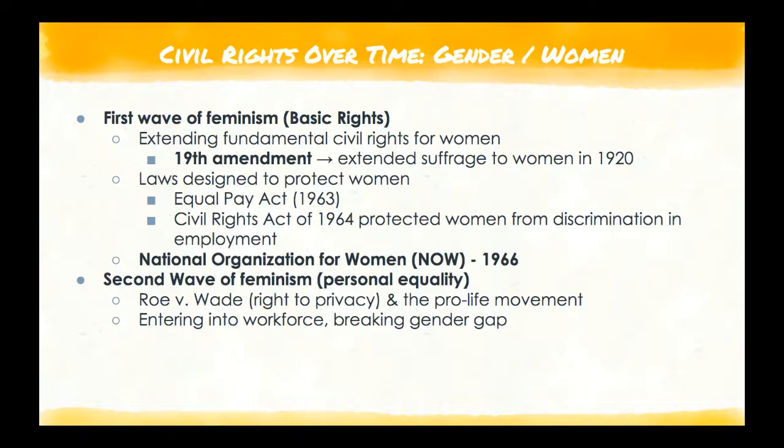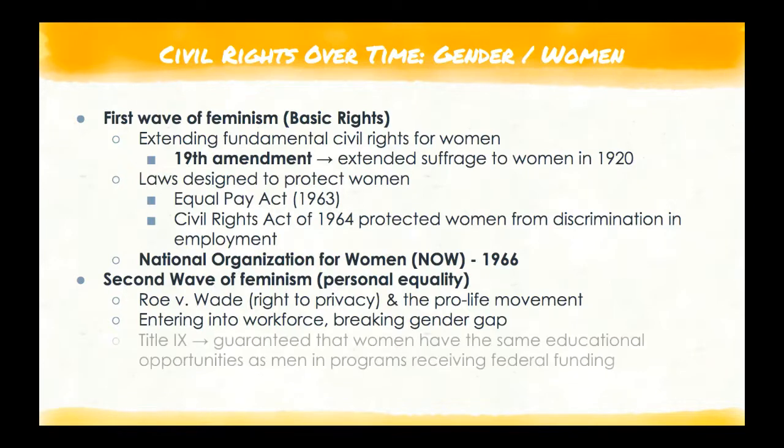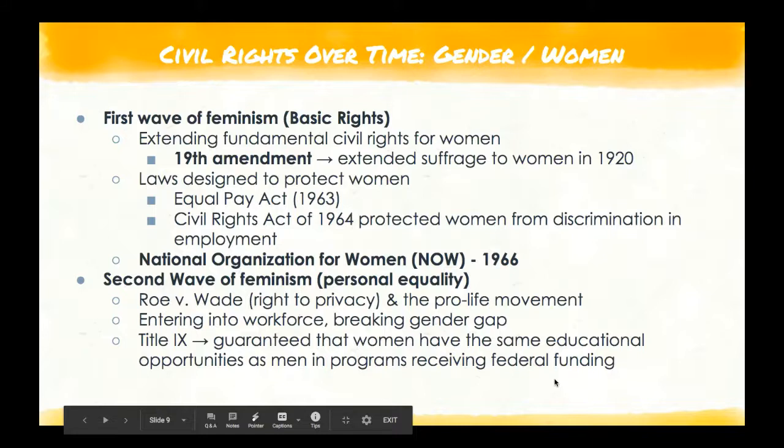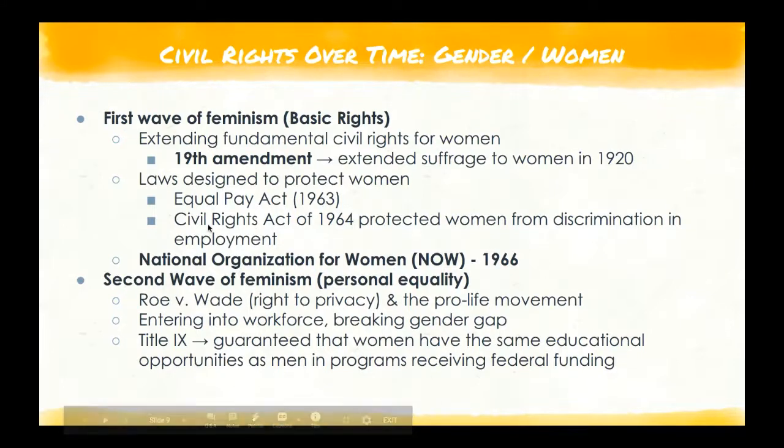The second wave of feminism also has focused on women entering the workforce and breaking the gender gap. So doing jobs that are traditionally done just by men. This was a huge focus of that second wave. And in the 70s, we see the passage of Title IX, which is actually an amendment to the Civil Rights Act of 1964. And this guarantees that women have the same educational opportunities as men in programs that receive federal funding.